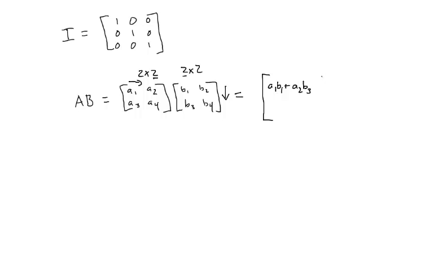And all of that goes in row 1, column 1. So we can actually split this up with some dashed lines so we can see what goes where. And then in row 1, column 2, we're going to go across row 1 and down column 2. So we have A1 times B2 plus A2 times B4.